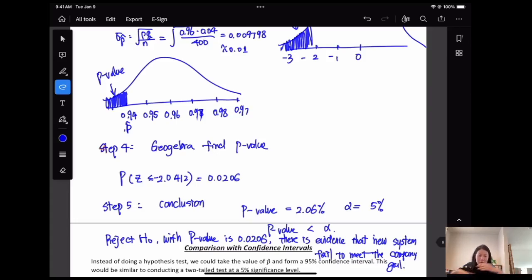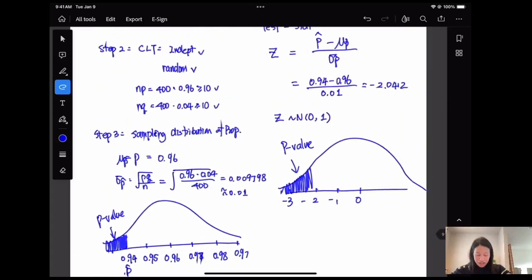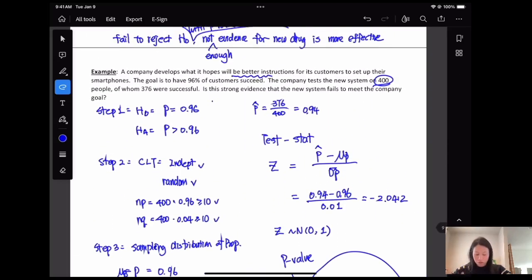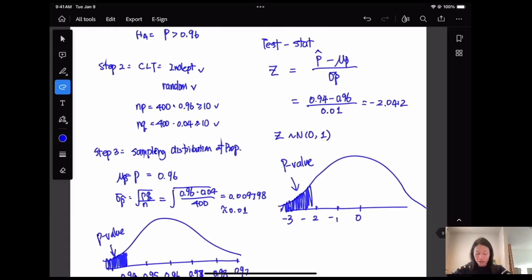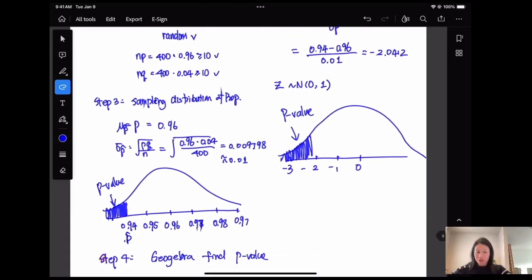Okay, that's it. Here's a very detailed example showing you how to do a hypothesis test.